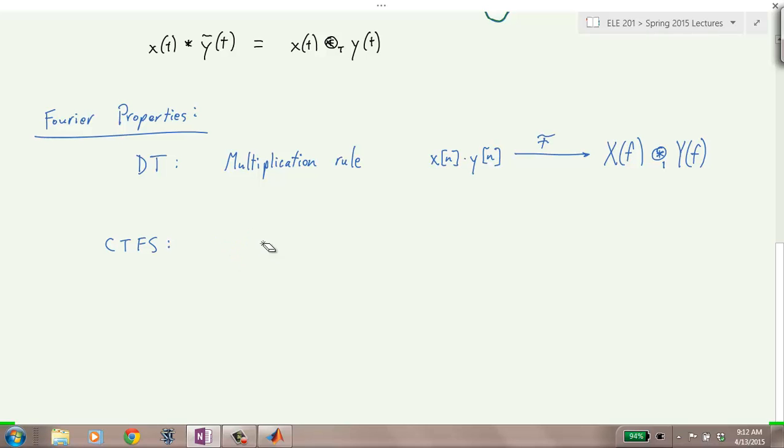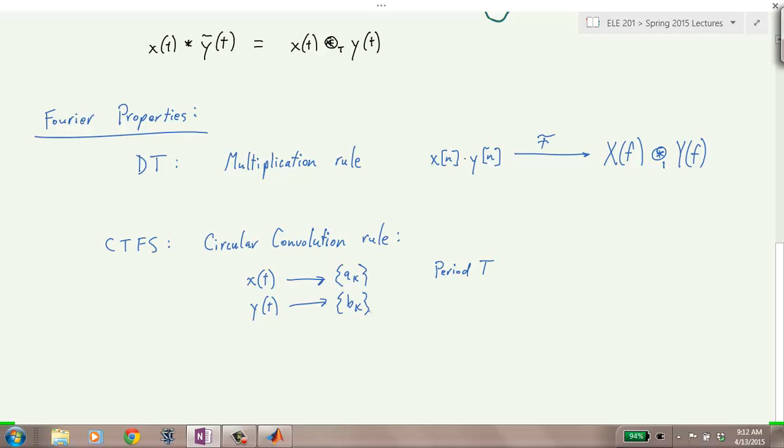I'll call it the circular convolution rule. Here it says, let's assume x(t) has Fourier series coefficients a_k, and let's say period T. y(t) has coefficients b_k.